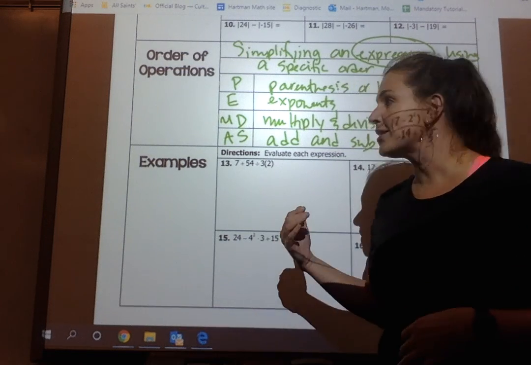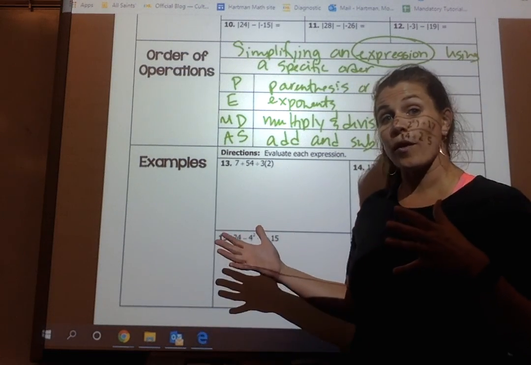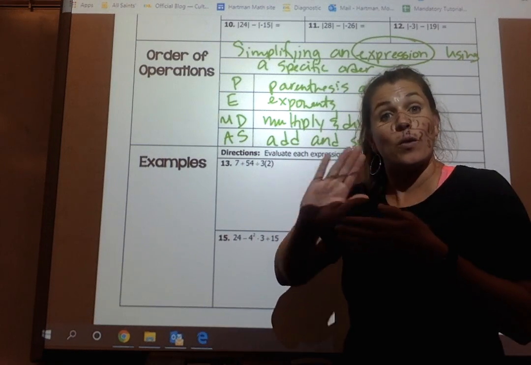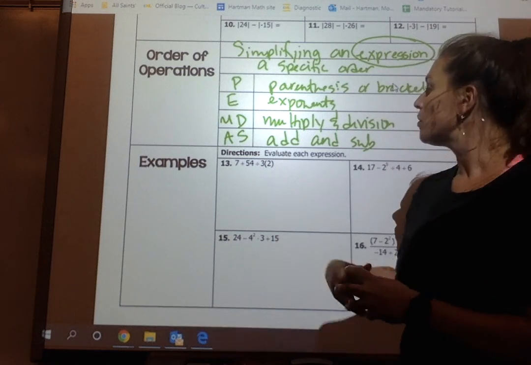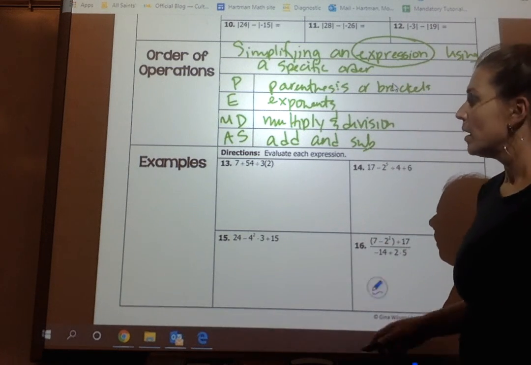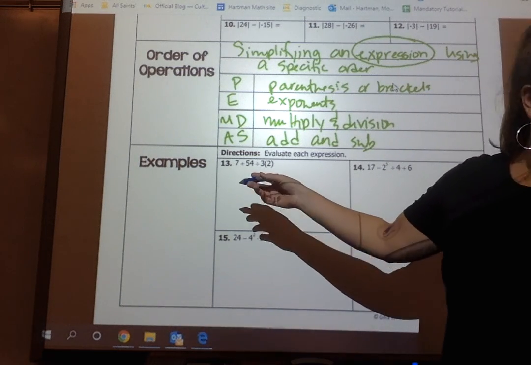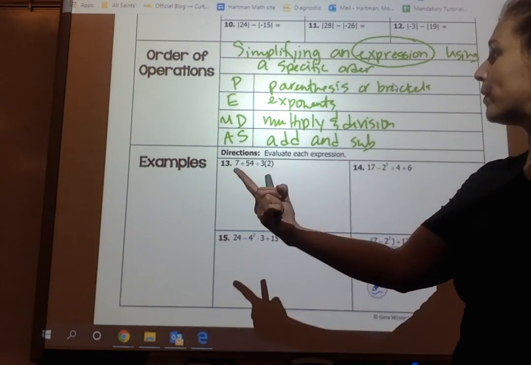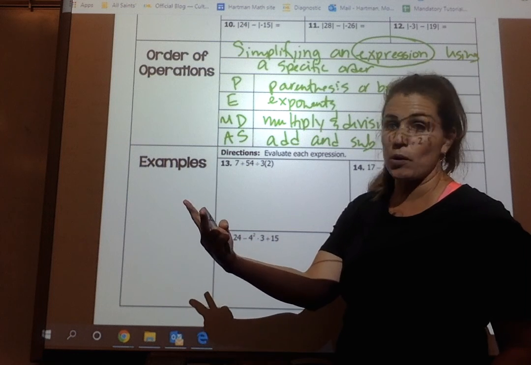Students typically struggle with order of operations, but if you break it down piece by piece and go in that order, then it becomes easy. So let's start with number 13. Here we have 7 plus 54 divided by 3 times 2. There's no parentheses. There's no exponents.